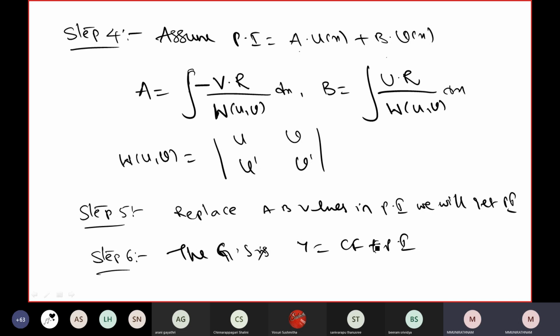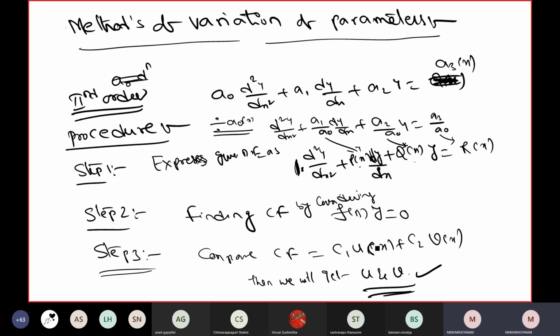First step is we should express our given differential equation in the form d square y by dx square plus p of x into dy by dx plus q of x into y equal to r of x. From here you will get p, q and r.